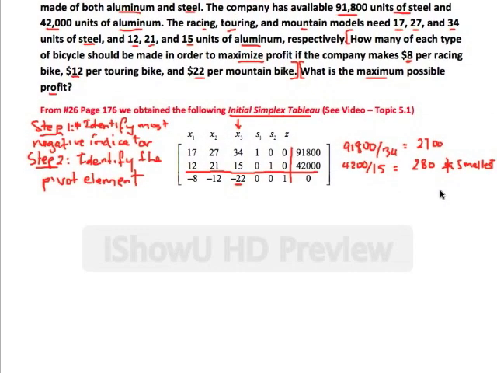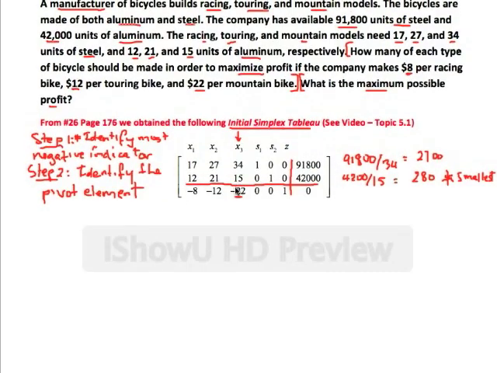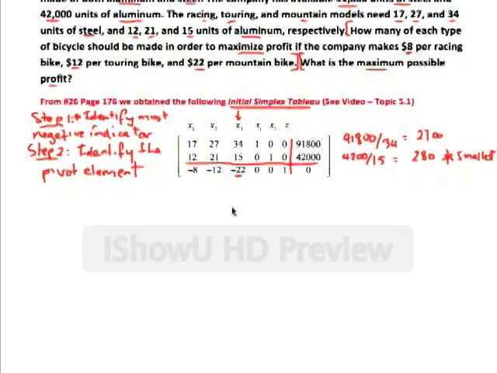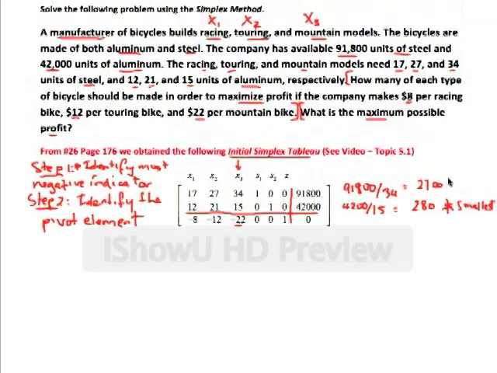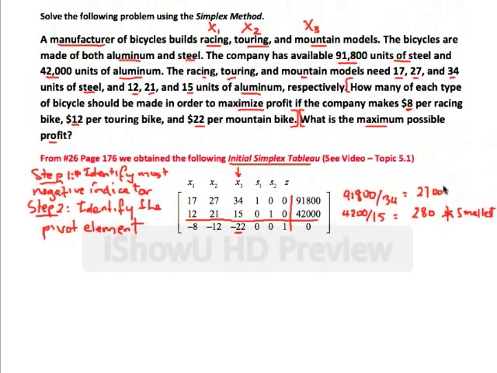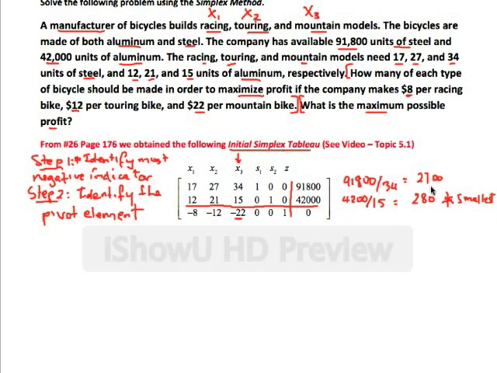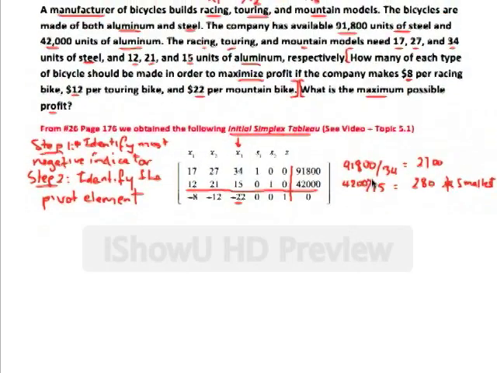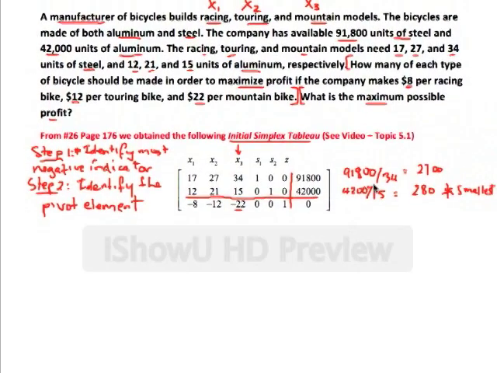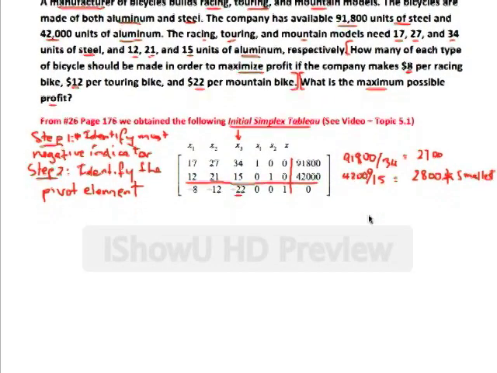Given that that one's the smallest, we go along here and identify our pivot. Let's just make sure that's correct. We have 42,000. I think I need an extra zero there, don't I? So be careful of that. It's actually 2,800.